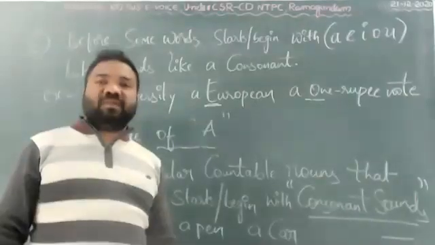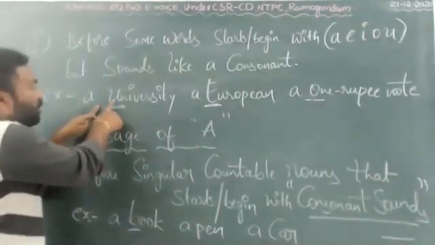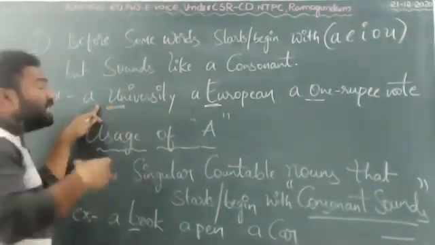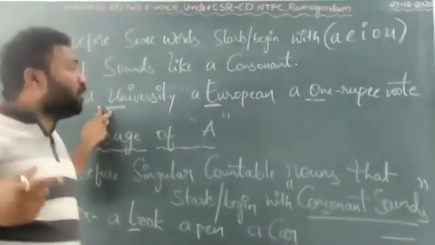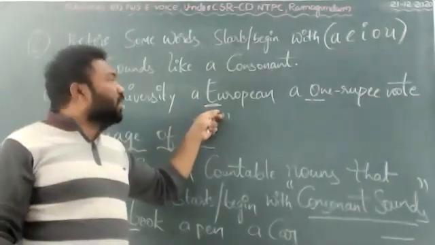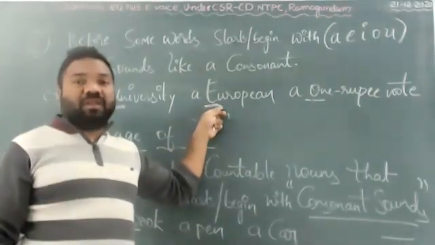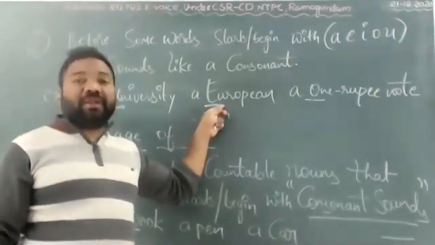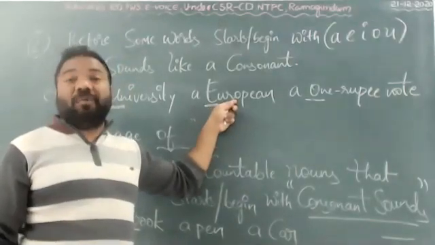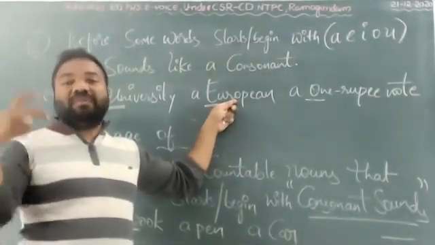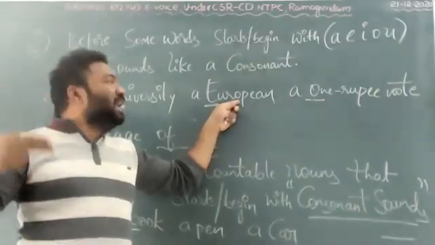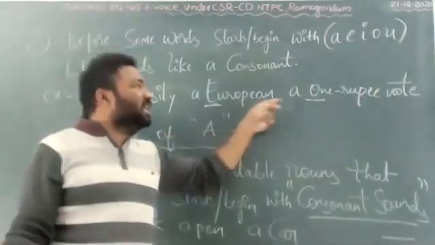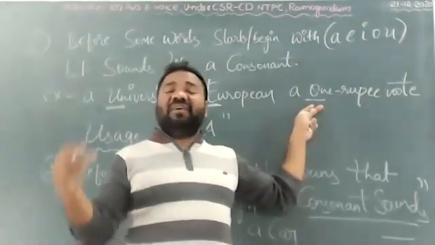All right. Once again, even though it is U, it sounds like a consonant. 'Yo', university, the Y sound, like European. In European, the stress is on 'ro', the second letter. U is like a stopping letter. I have to stop there, which is even a consonant. And here the first letter itself, 'wa'.